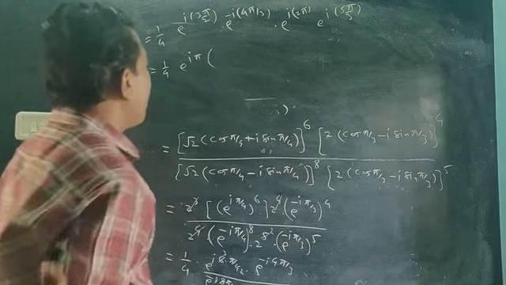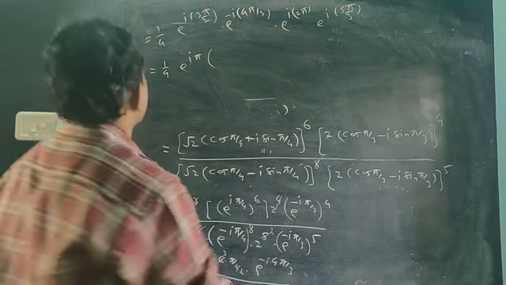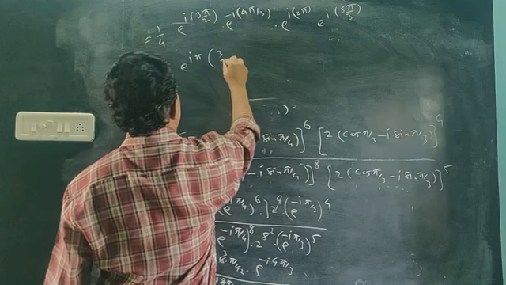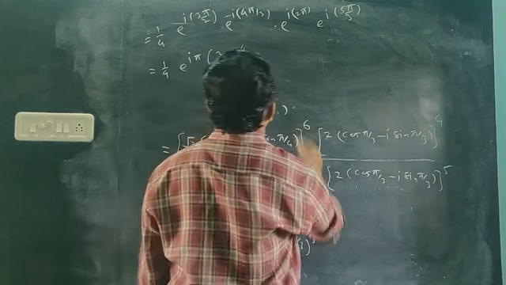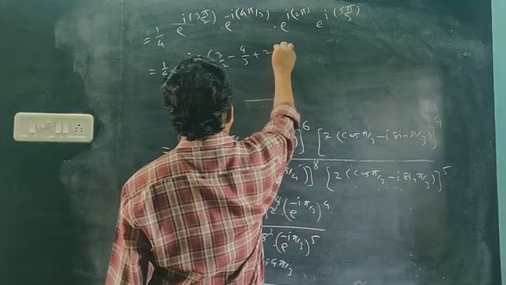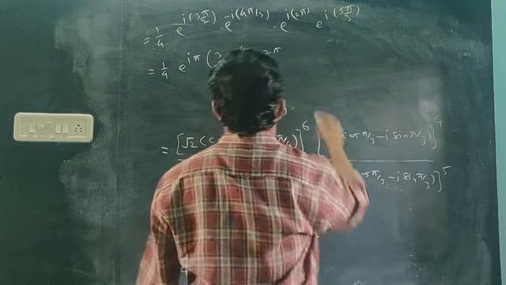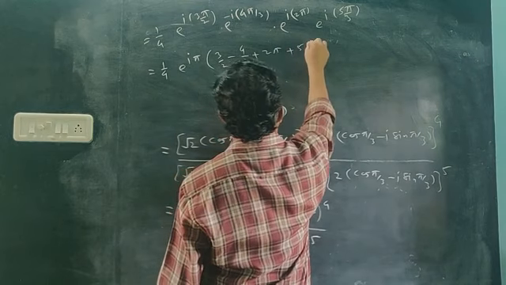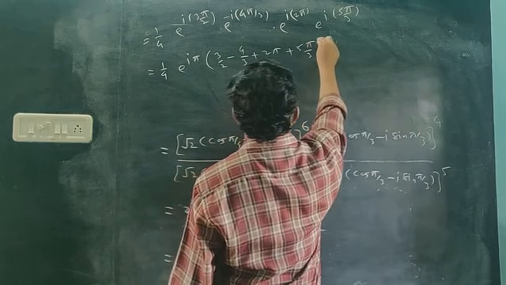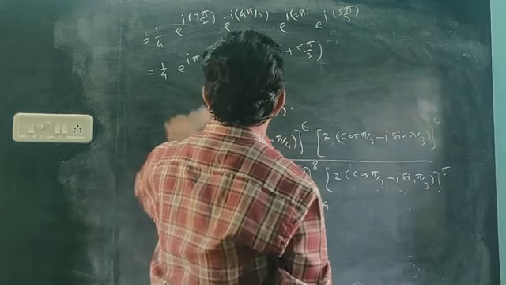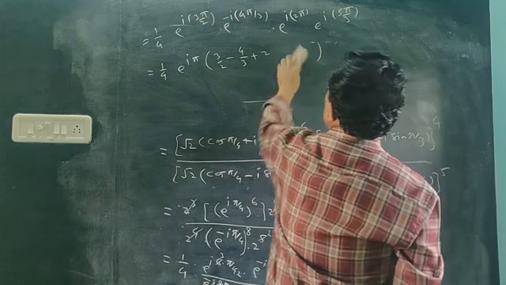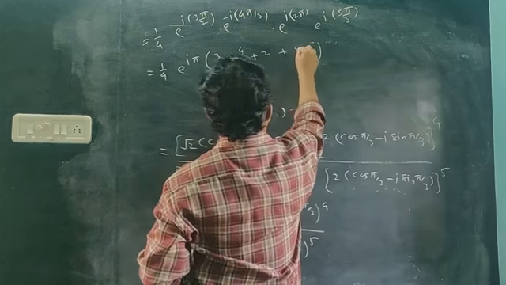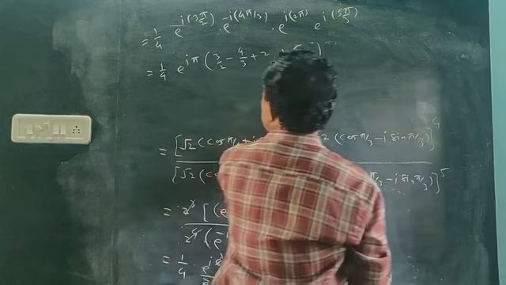So here 3 by 2, here minus 4 by 3, here 2 pi, and here I pi by 3. So pi coming here, no pi, only 2 here, and here I pi by 3.